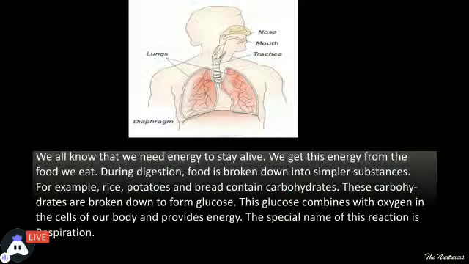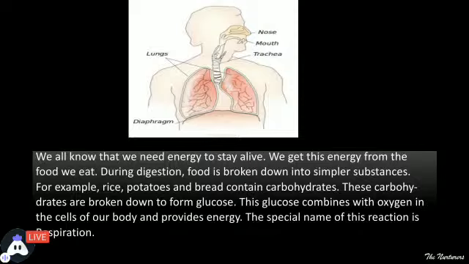Moving ahead to the next case study. See, we all know that we need energy to stay alive. We get this energy from the food we eat. During digestion, food is broken down into simpler substances.